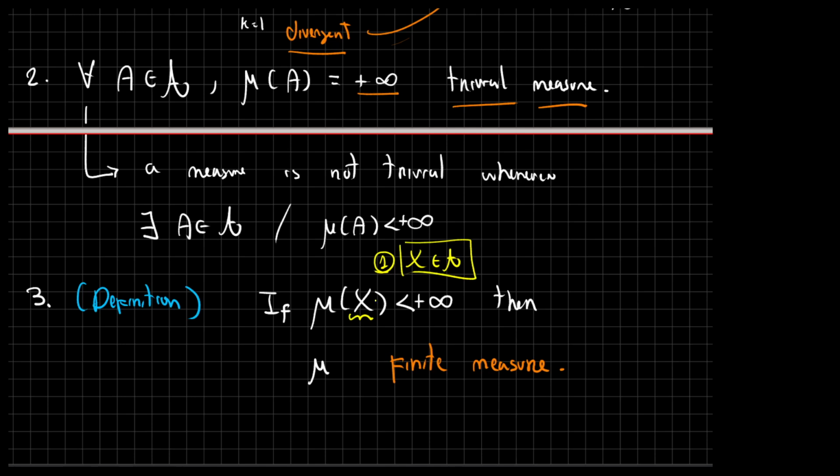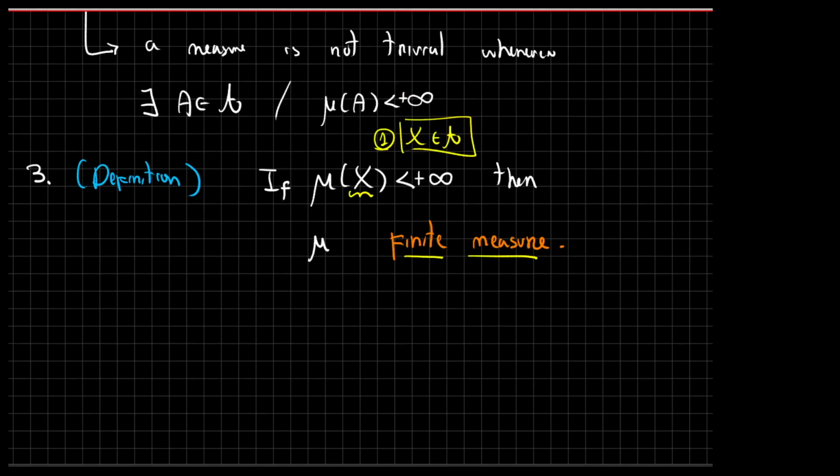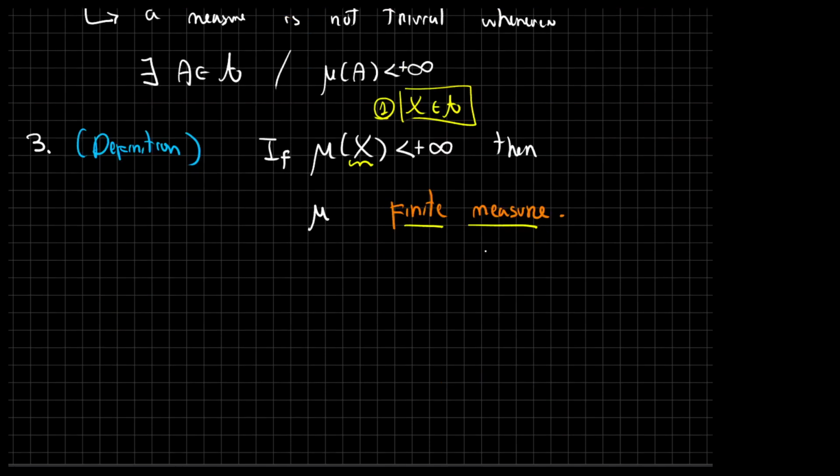When this value is less than infinity, we call mu a finite measure. This will also imply that the measure of every subset of X is finite. We will see this in the following, but this is the definition of the finite measure.